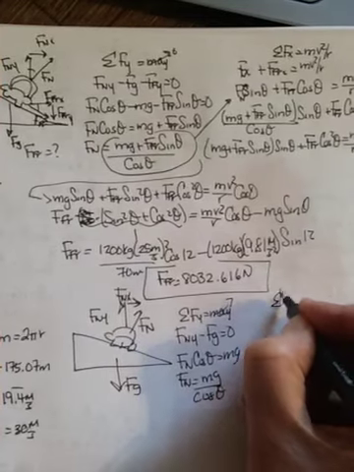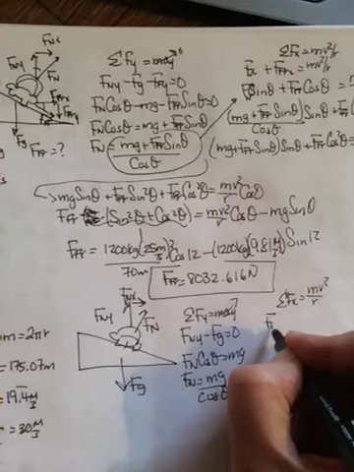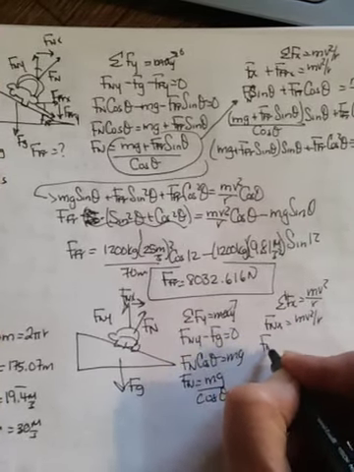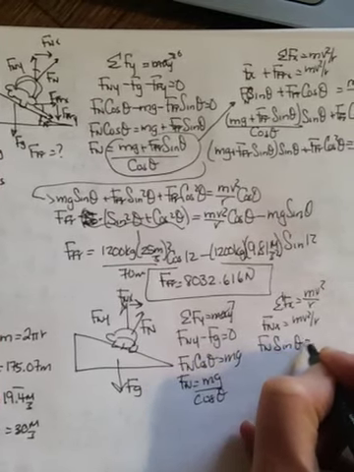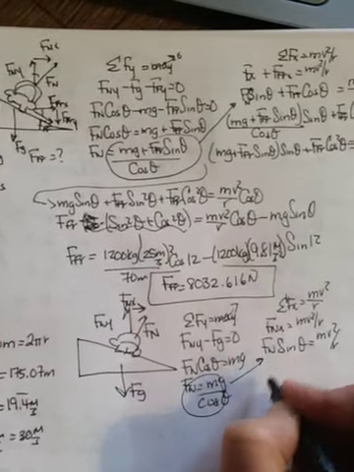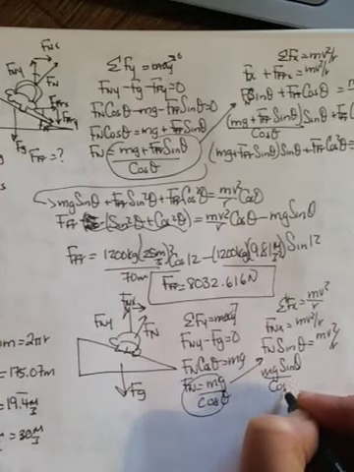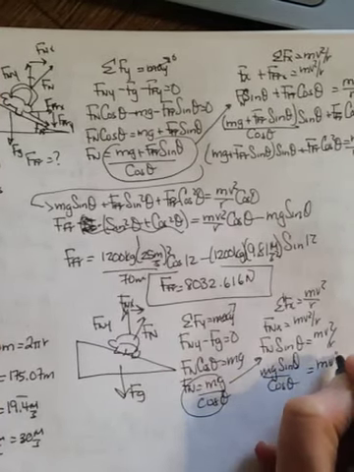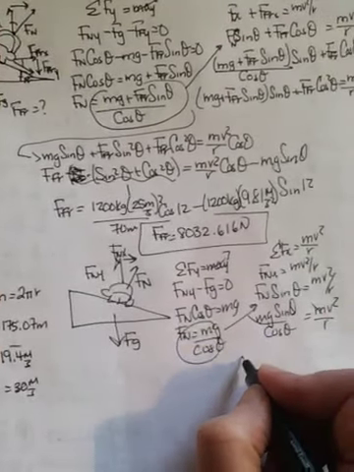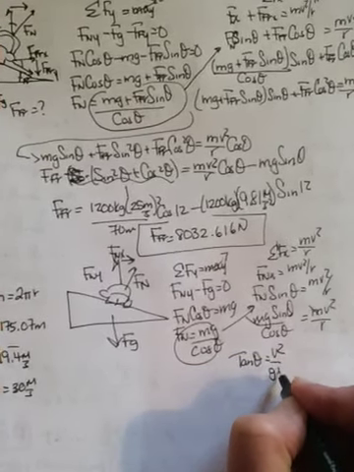Sum of the forces in the x equals mv squared over r. So Fnx equals mv squared over r. So Fn sine theta equals mv squared over r. Sub this in. So mg sine theta over cos theta equals mv squared over r. The m's cancel. Sine over cos becomes tan. Divide by the g. So tan theta equals v squared over gr.